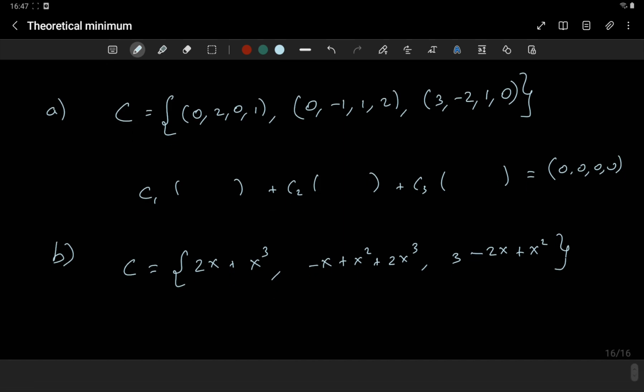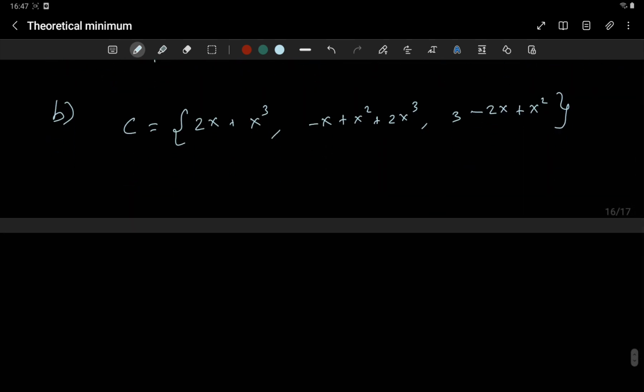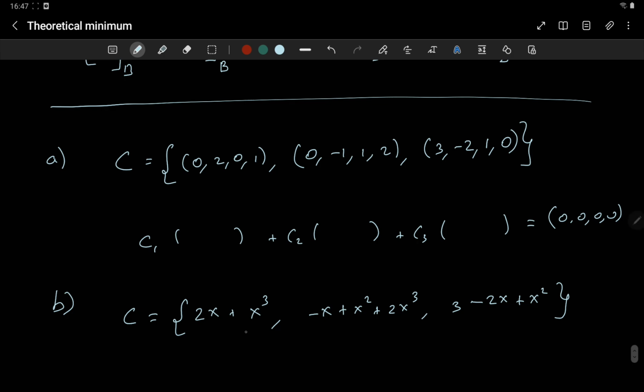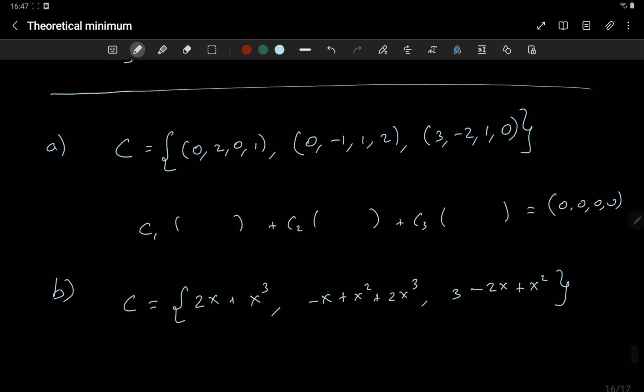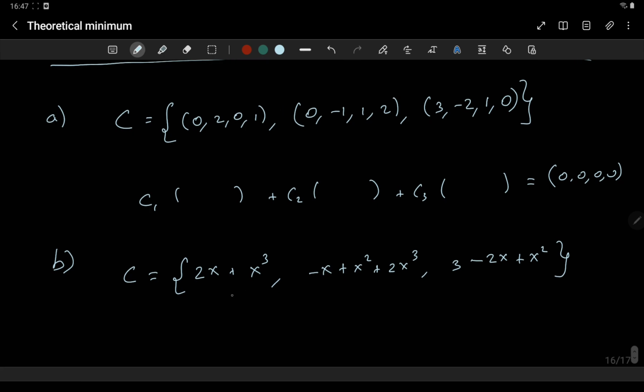But if you represent these vectors as coordinate vectors, what is the coordinate vector of the first one? The basis is 1, x, x square and x cube. So it is 0, 2, 0, 1. And this one is 0, minus 1, 1, 2.